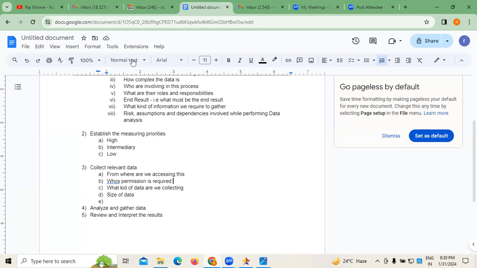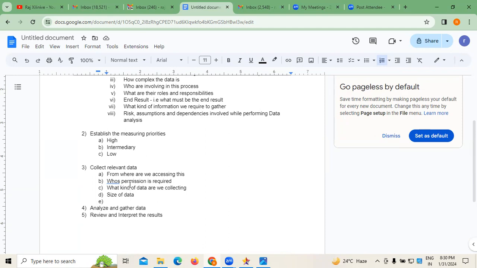Next, what kind of data are we collecting? Is it customer data, is it employee data, or is it inventory level data? What kind of data are we collecting? Next, the size of the data also.